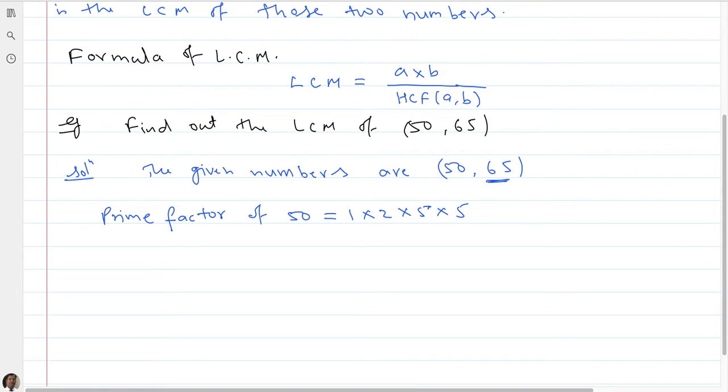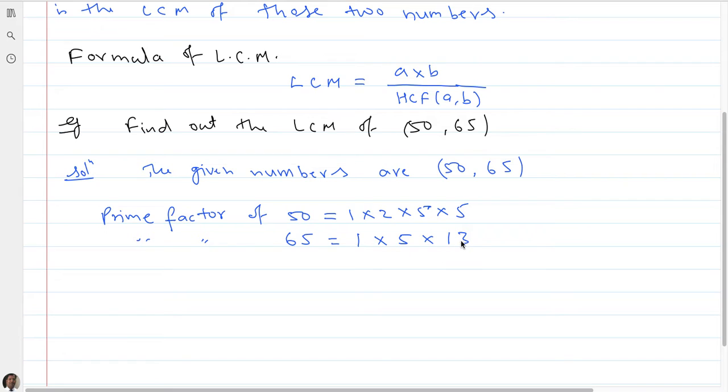The second number given is 65. The 65 can also be written in the form of prime factors as 1 into 5 into 13.